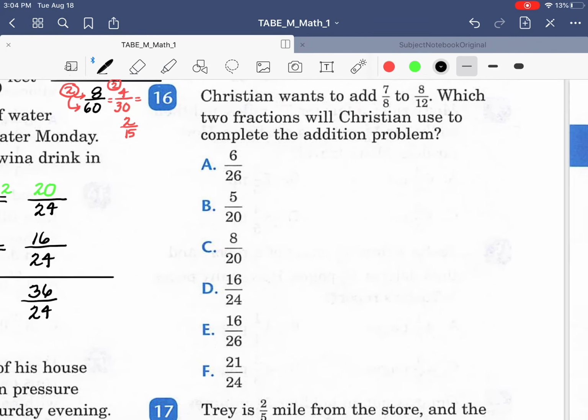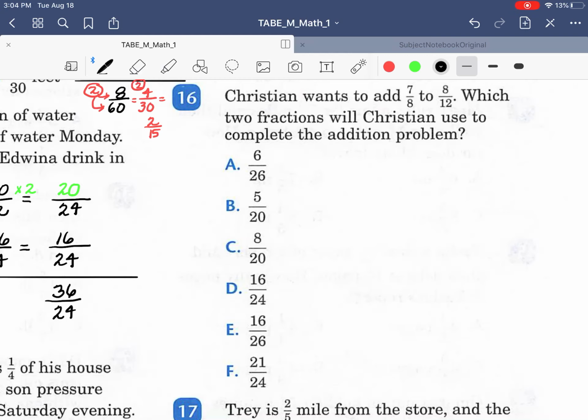Number 16. Be careful here, guys. I like this question, but be careful. Christian wants to add 7/8 to 8/12. Which two fractions will Christian use to complete the addition problem?